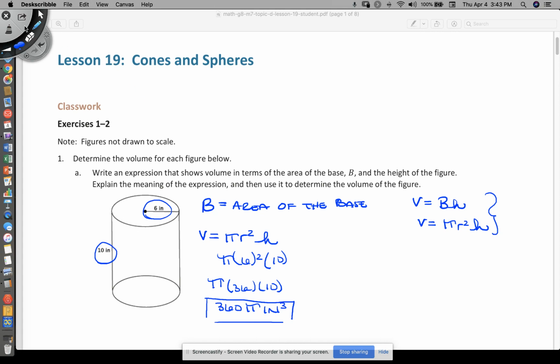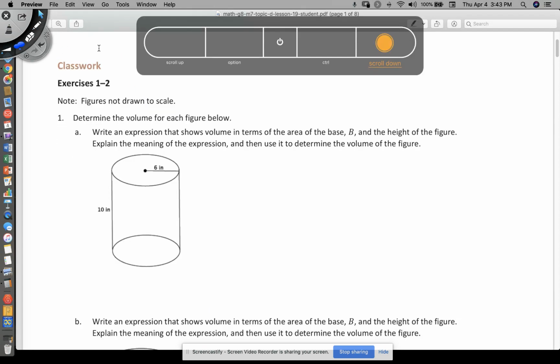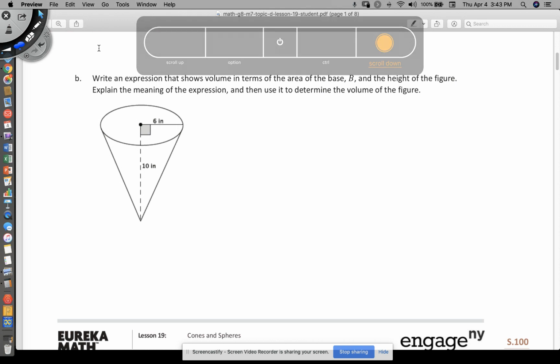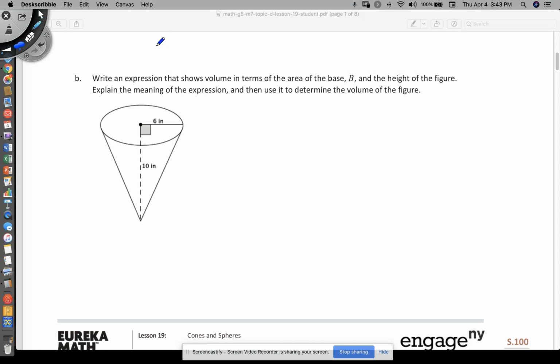All right, let's look at B. Now for B, we have a cone. Cone's formula is going to be volume equals 1/3 big B times h. So if you think of that cylinder up above, if I take 1/3 of it off, I have a cone. So that's how we get this formula. So same thing as before, we could say that this is 1/3 pi r squared h as well.